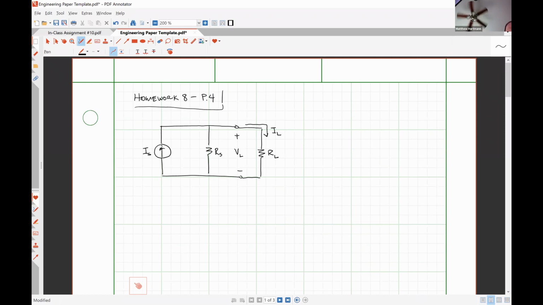Because this is a practical current source, I'm going to be working with that quantity, IL.